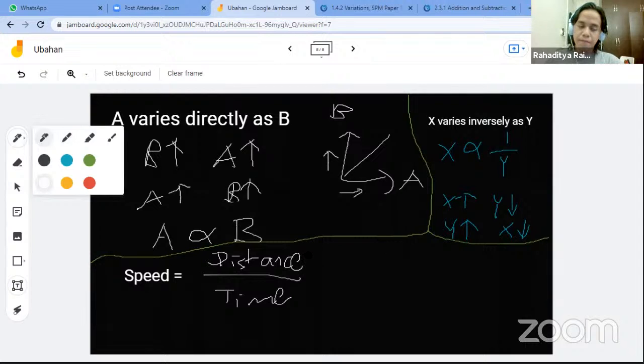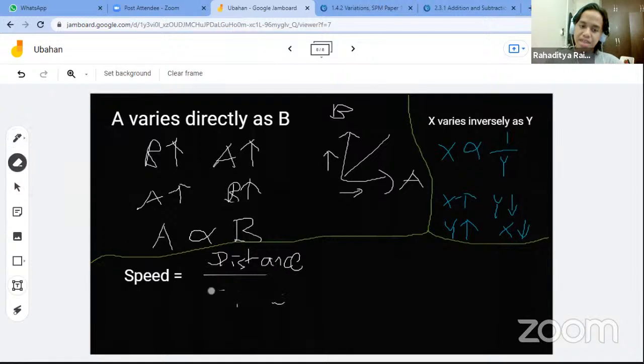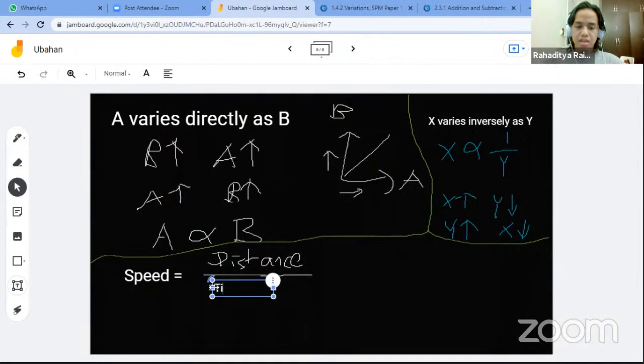Let's say distance is constant. I'm going to write this time as time taken, by the way. You can just write time also in general, but for the sake of this example, the time taken will be important. So as speed increases, let's say we have a race car.